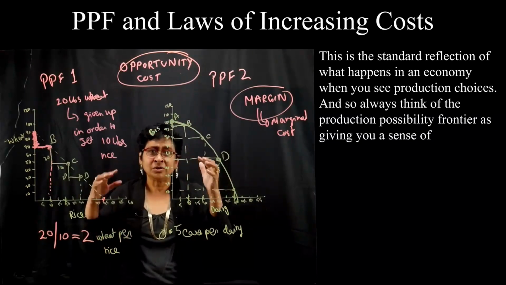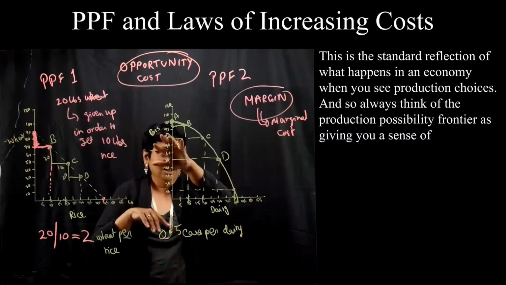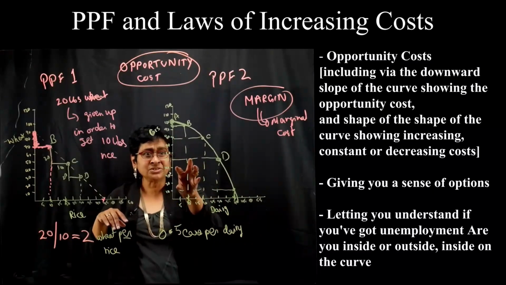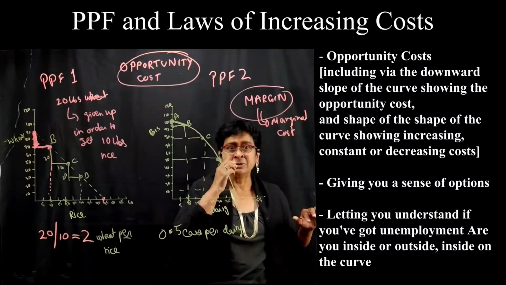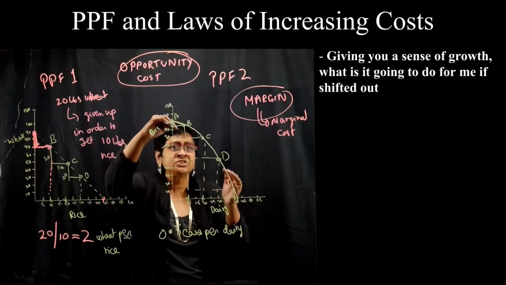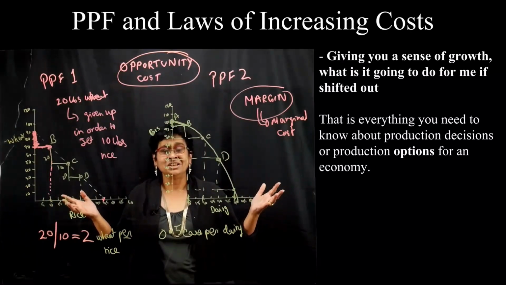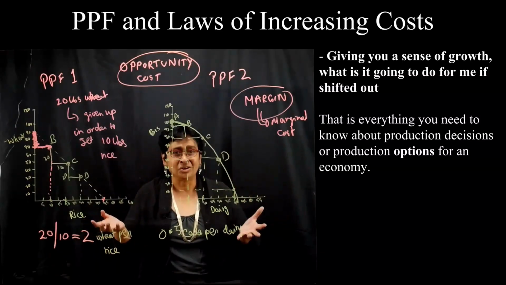And so always think of the production possibility frontier as giving you a sense of opportunity costs, giving you a sense of options, letting you understand if you've got unemployment, are you inside or on the curve, and giving you a sense of growth. What is it going to do for me to shift it out? That is everything you need to know about production decisions, production options for an economy.